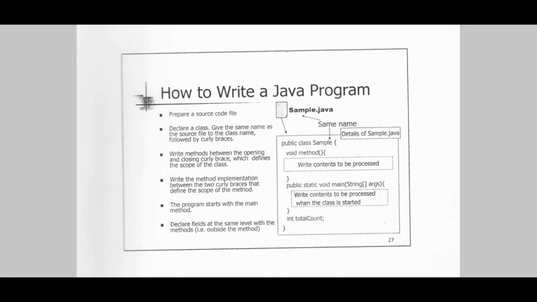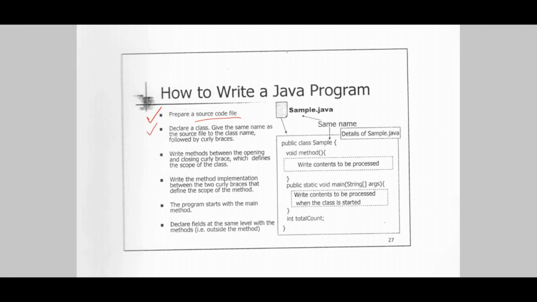Here, we outline the steps on how to write a Java program. First, we prepare a source code file, and then we declare a class like what we did in the lecture demo when we created the Hello World Java program. Then you give the class the same name as the source file.